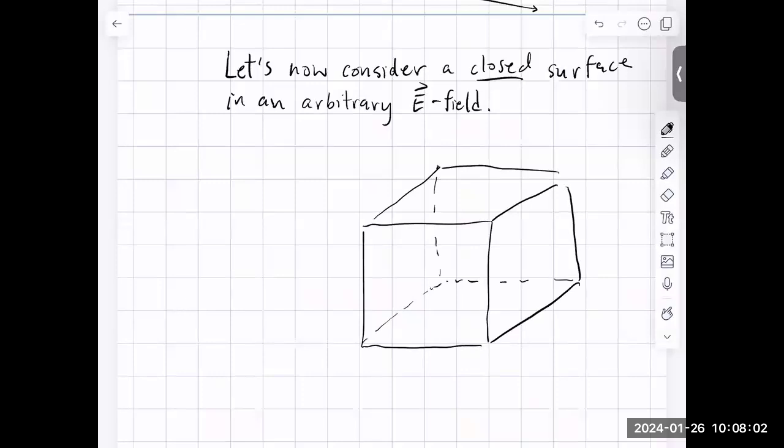Now, the first thing that we're going to have to do is make a definition for our unit vector. And that definition is going to be, when we're dealing with a surface that's closed, so it has an interior and an exterior, then we're always going to define our unit vectors to be pointing outwards.